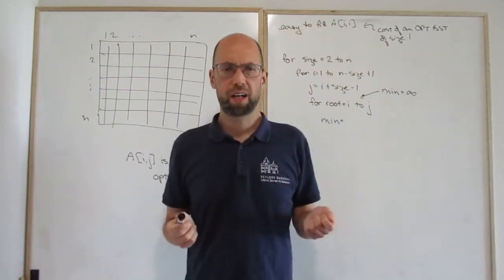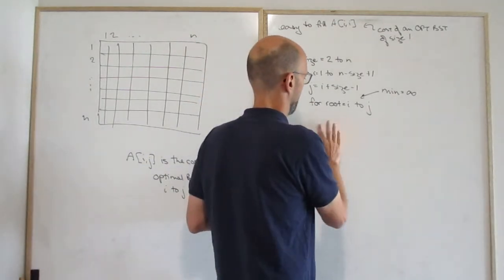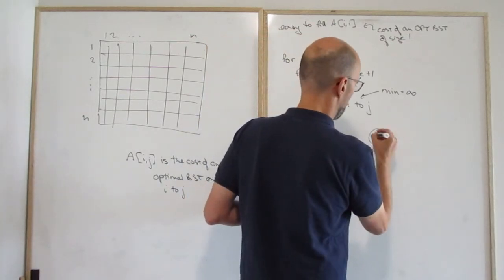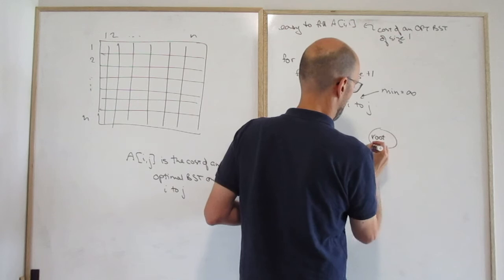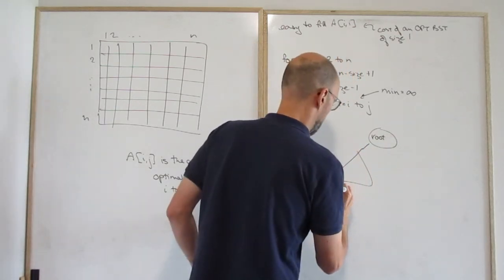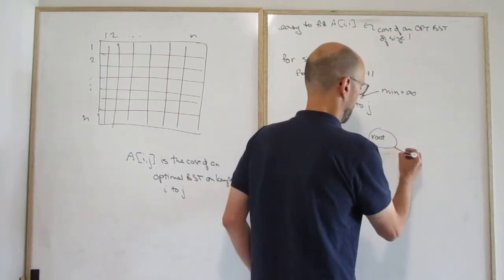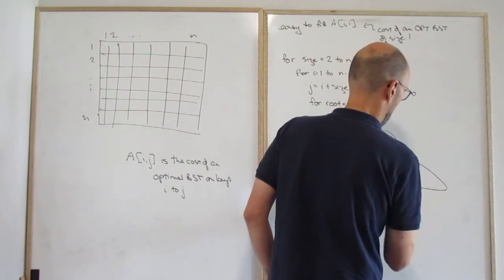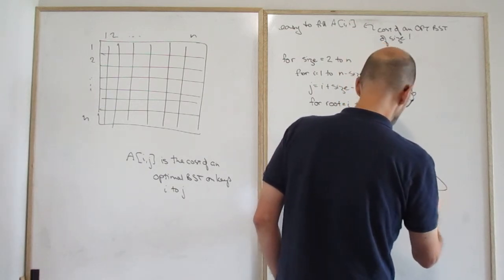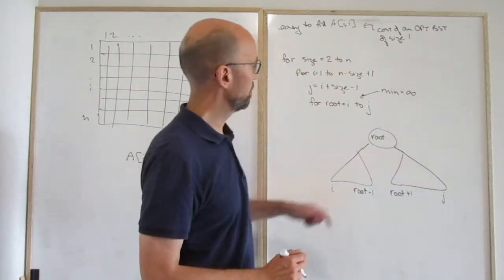Are you seeing how this works? What you're going to do is have the root, and then you're going to have an optimal binary search tree from i to root minus 1. And then over here, you're going to have root plus 1 to j. This could actually be empty.